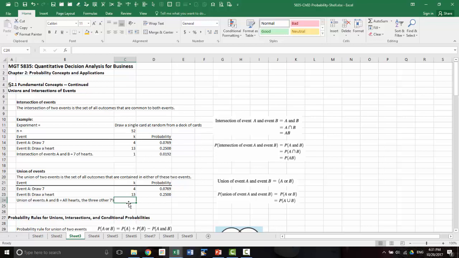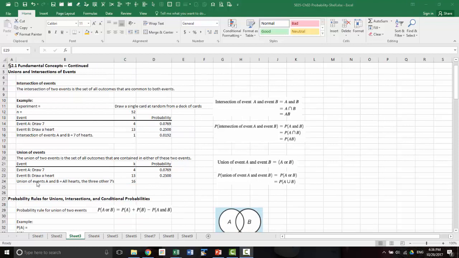So there are 3 remaining, for a total of 16. Now the probability here, I can't copy this down because this one refers back to that. So I have to do that divided by that.